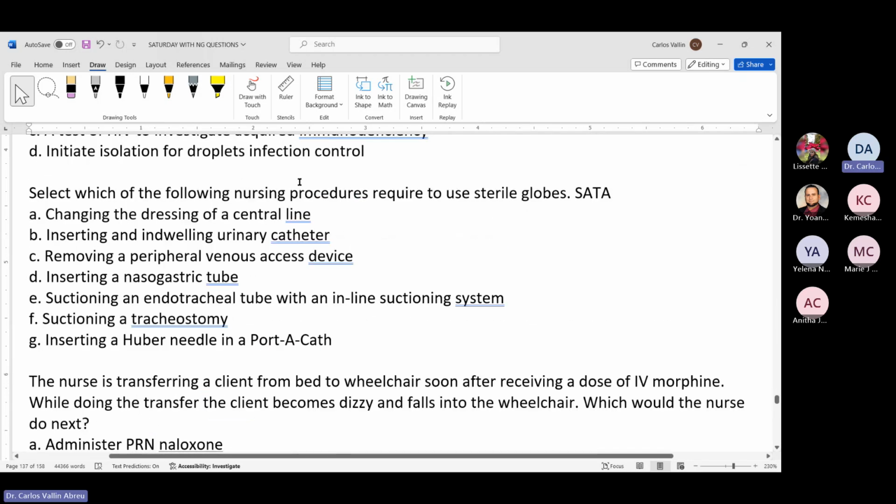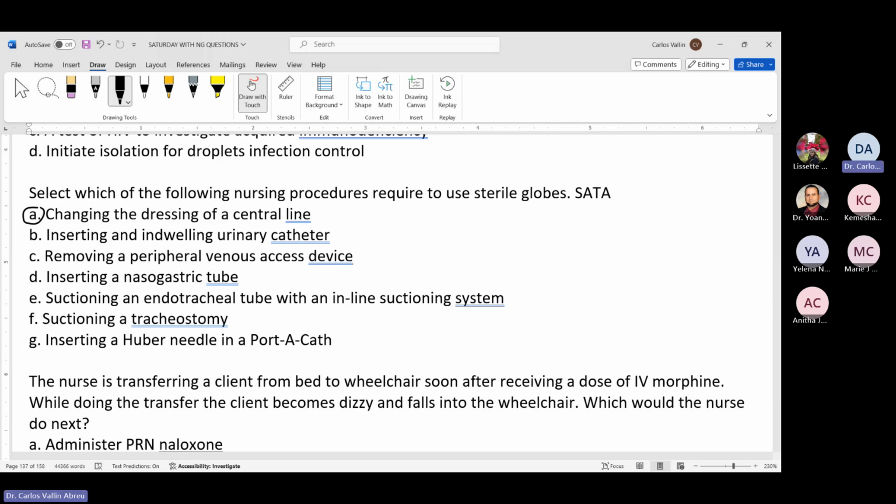Select which of the following nursing procedures requires the use of sterile gloves. Let's see. Changing the dressing of a central line. Yes, in some moments it is going to require sterile gloves. They don't mention at which moment. So remember, to change the dressing of a central line, first you use clean gloves, not sterile, to remove the old dressing.